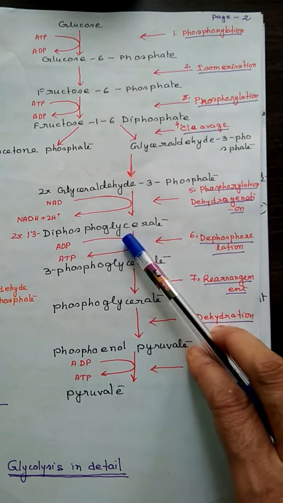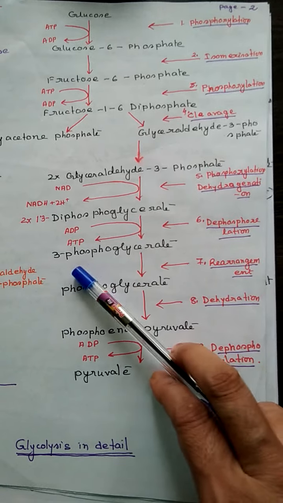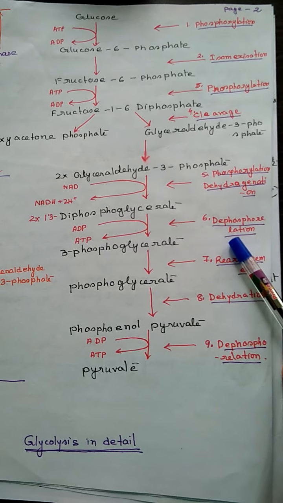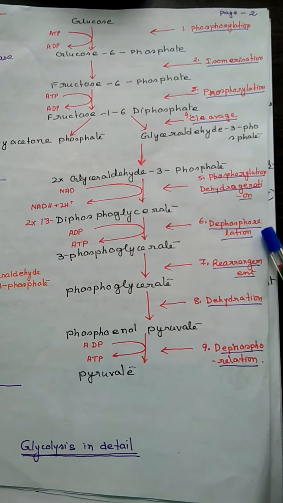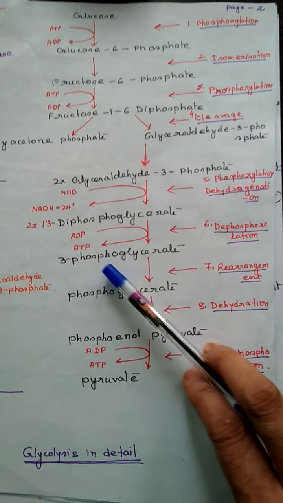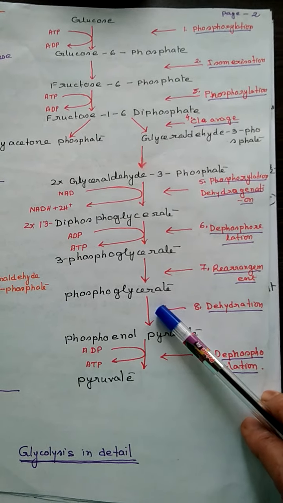Now diphosphoglycerate is converted into 3-phosphoglycerate. So this is known as dephosphorylation. Okay. From 3-phosphoglycerate, it is converted into 2-phosphoglycerate.